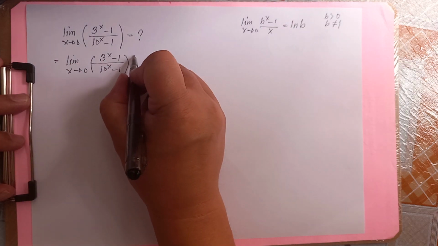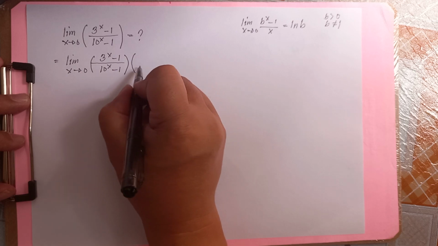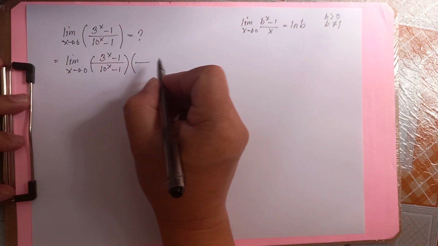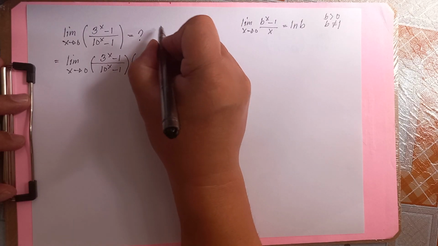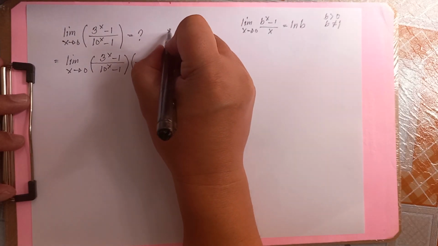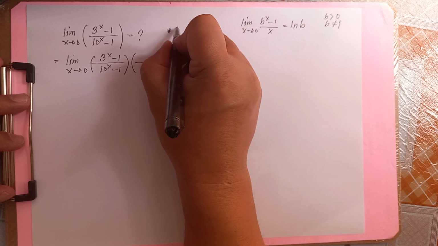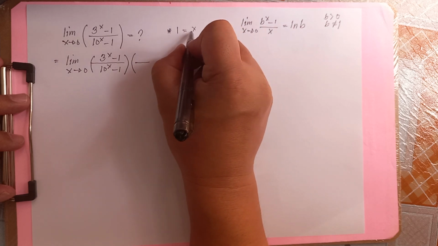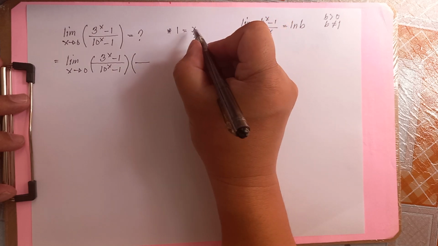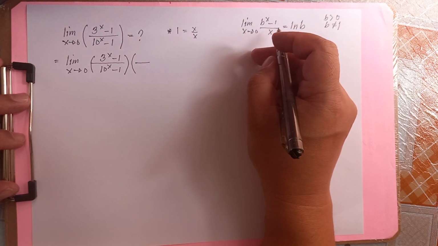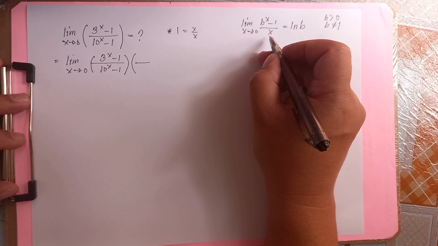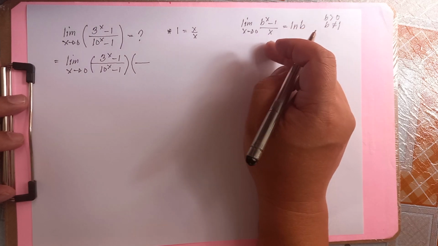Now what is our multiplier? Our multiplier will always be 1, and that 1 must be defined. So let's try to have 1, which is the same as x over x. We make use of x over x so that we can have a denominator of x.